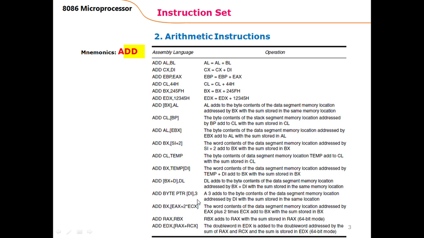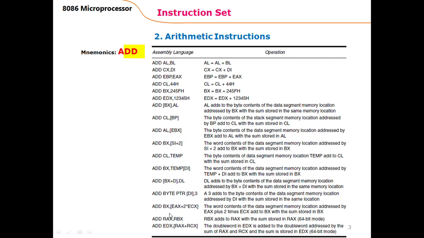And here an immediate data is used, but a memory location is used here, so it is not clear what is the size of the addition. So a byte pointer directive is used. This instruction would add this 3 as an 8-bit value with the 8-bit value in the data segment memory location addressed by this offset address, and the result is stored back into the same location.